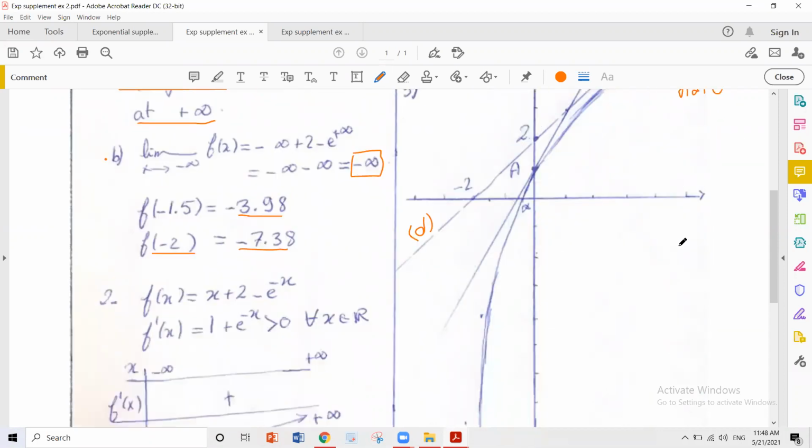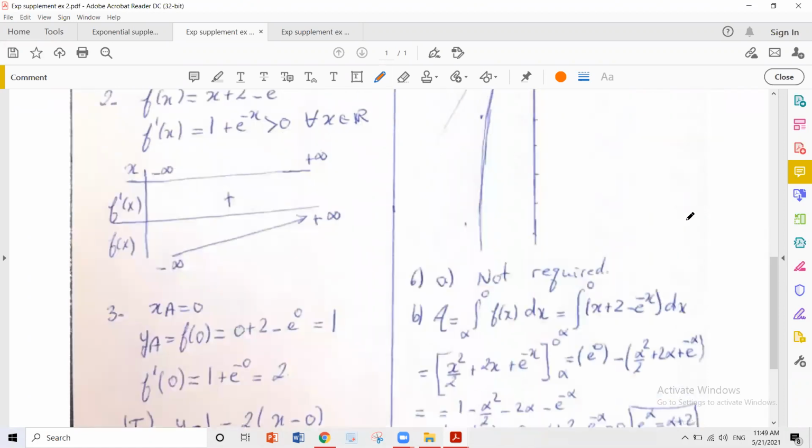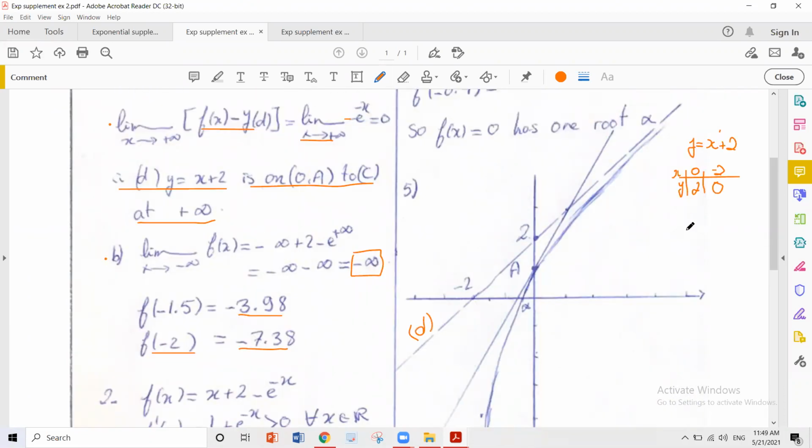Tangent y equals x plus 1. x, y: 0, 1; 1, 3. 0, 1, which is the point A. 1, 3.